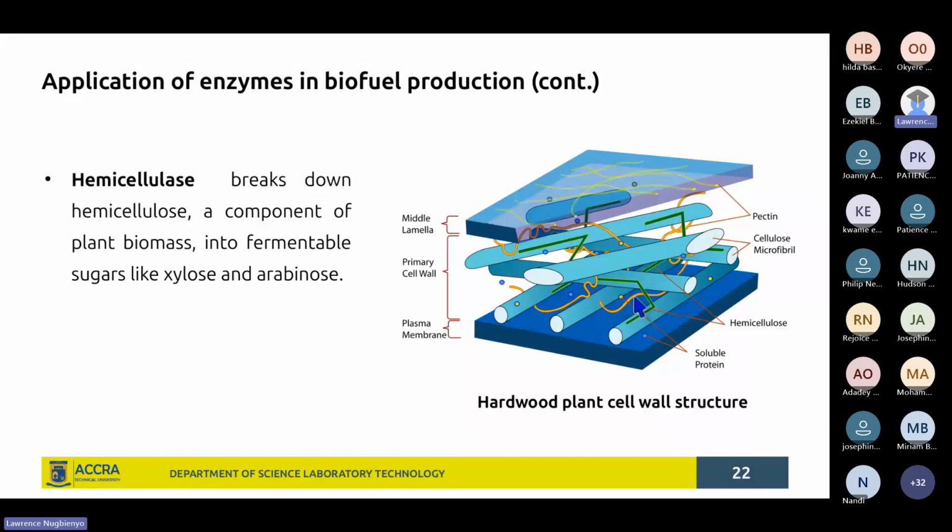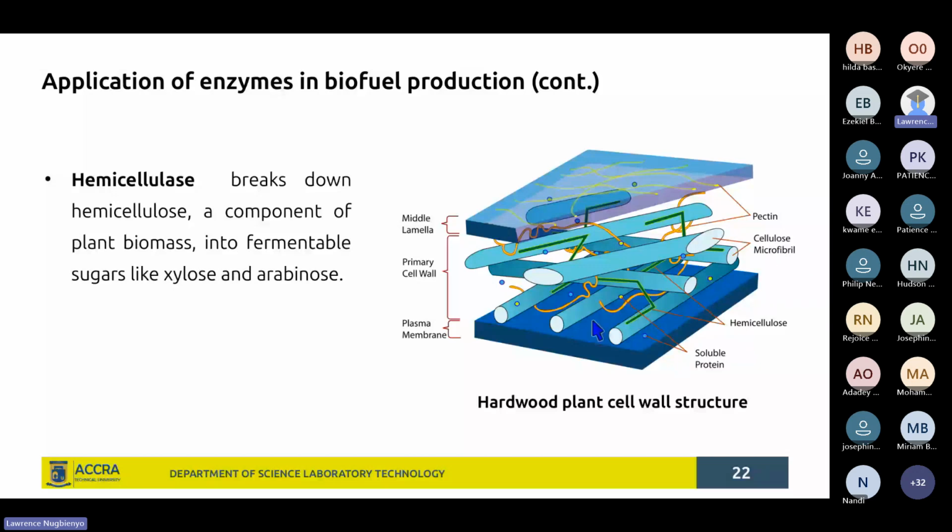Let's say it's a plant cell membrane, which is the lower layer there, and you have the protection of the cell wall, which is made up of, you see, a network of pectin, cellulose fibril, hemicellulose.